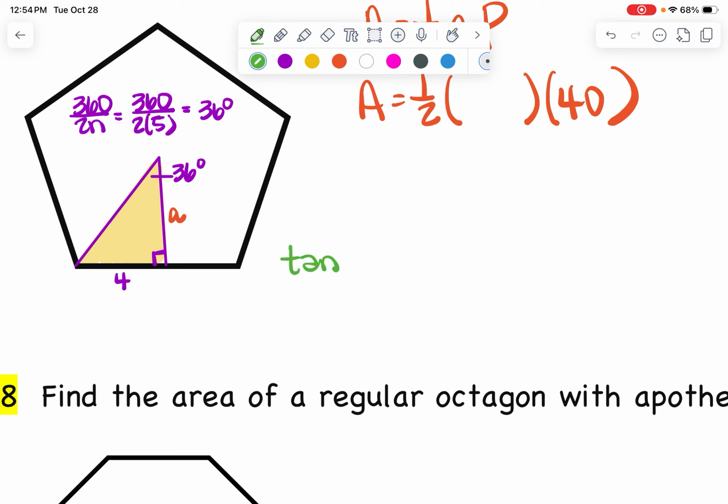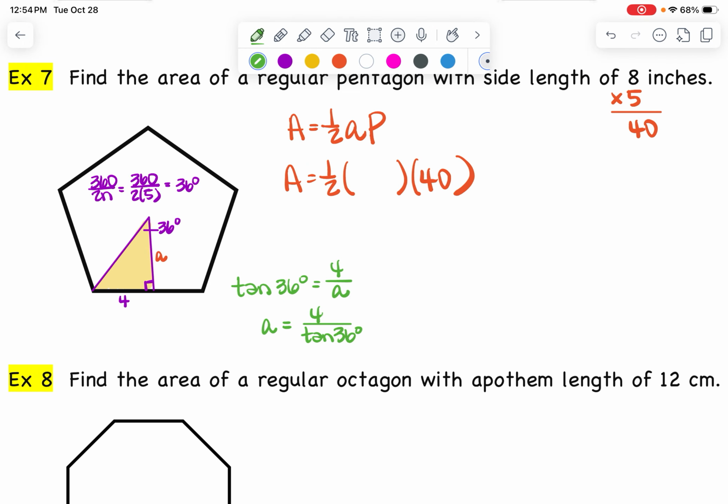The tangent of the 36-degree angle is opposite over adjacent, or 4 over A. That gives me A equals 4 over tan 36. I know that's gross, but all trig problems are. That's why we round to the nearest tenth.